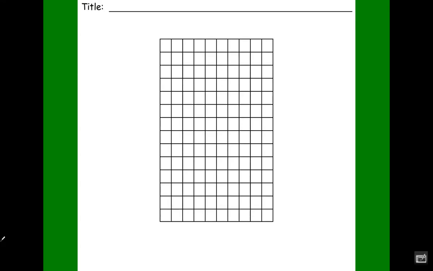Now, it says the first thing is to make an appropriate scale on each axis. So the first thing we need to do is make sure we put the right variable on the correct axis. Looking back at our data table, if you remember, we had our independent variable as the volume of sodium hydroxide, the volume of NaOH added, and the dependent variable was the pH.